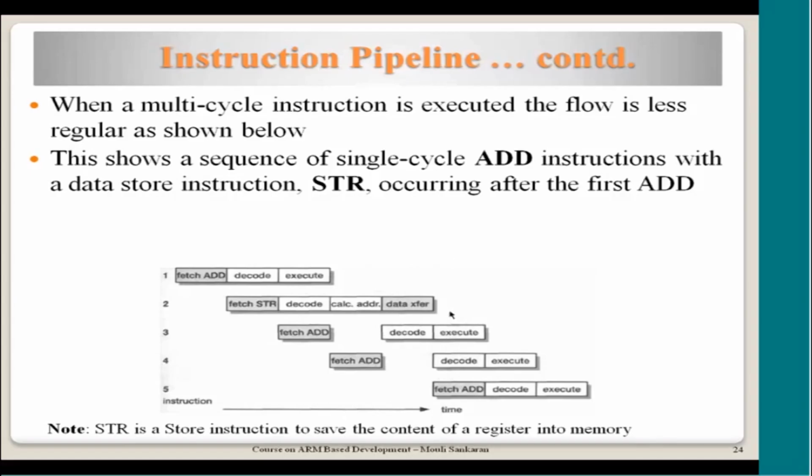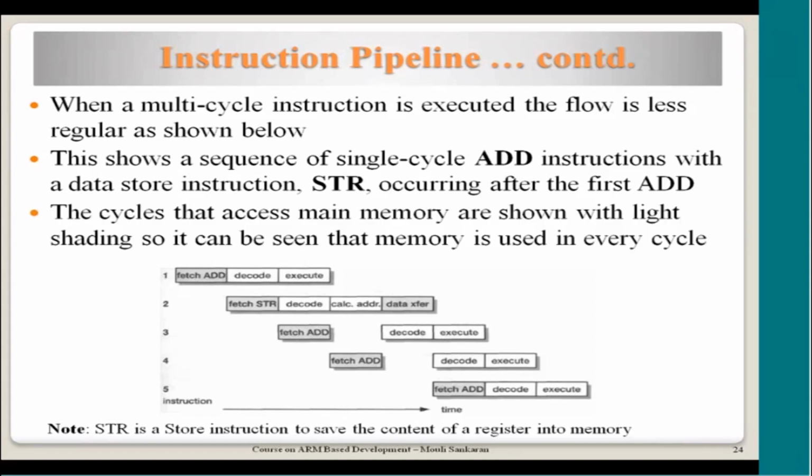Here there is no decode because this is occupying the decode, because it is generating a signal required for the data transfer. So decode logic cannot be used here, because during the address calculation the data flow is used. So you cannot have a decode stage here.